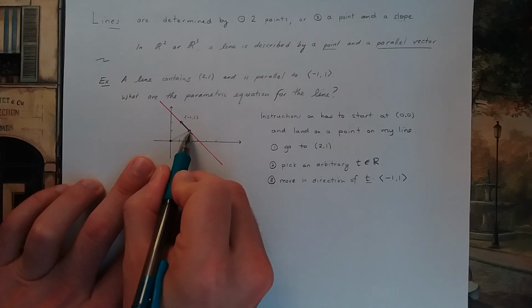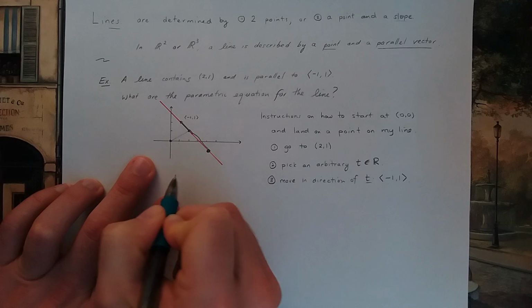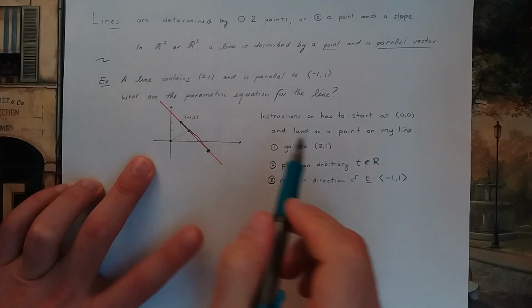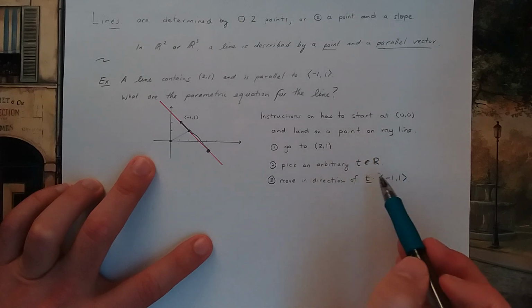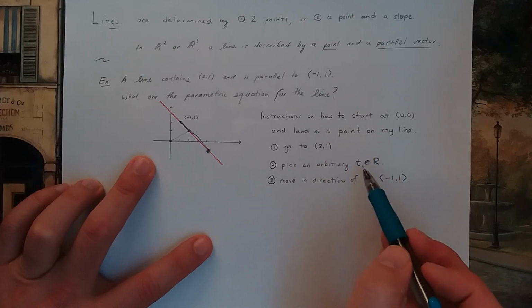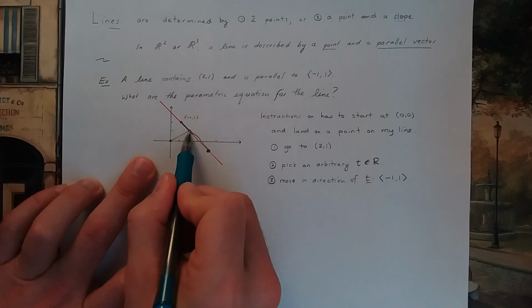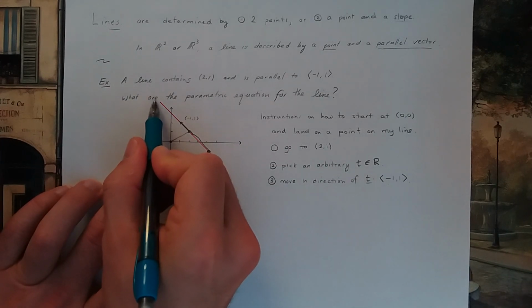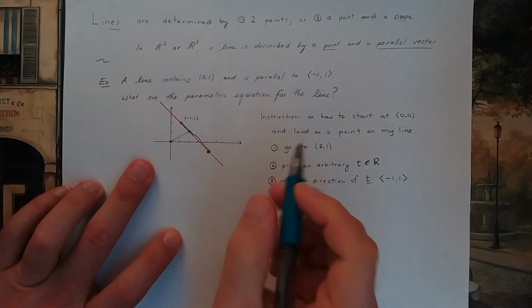So I'd be going in the opposite direction and land here. If you think about it for a minute, following these instructions will land me on every point in the line depending on how I choose t. So first I get to a point on the line. Then once I'm at a point on the line, I travel some distance this way or some distance that way and get to an arbitrary point.